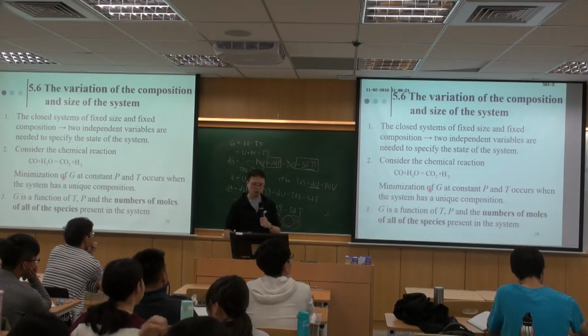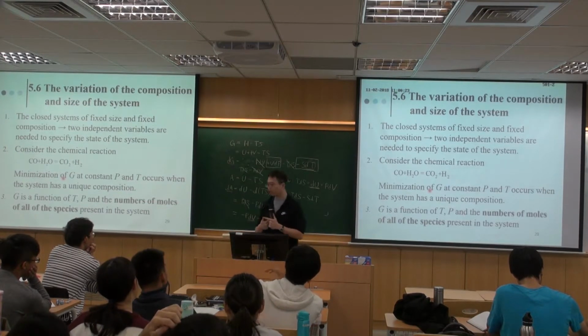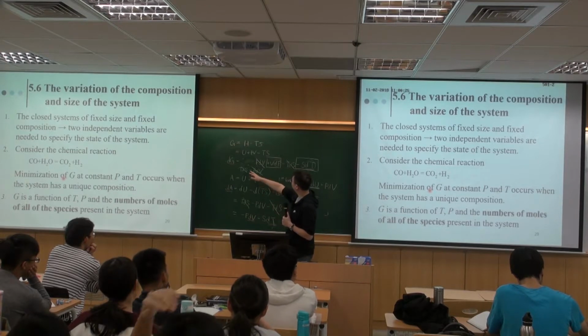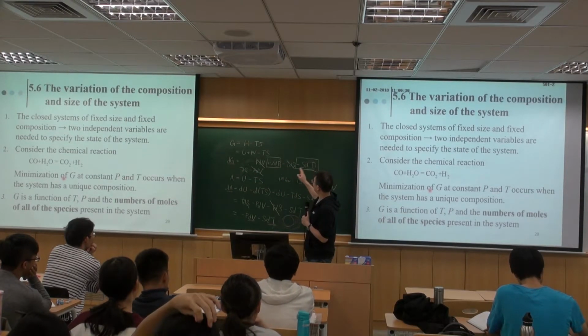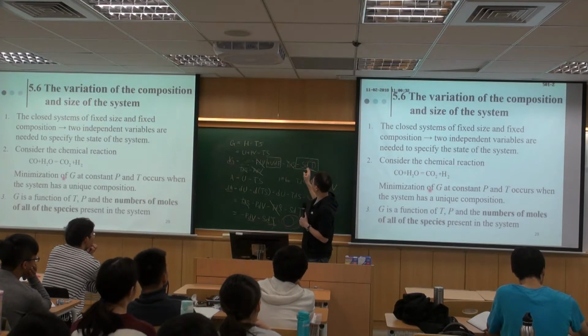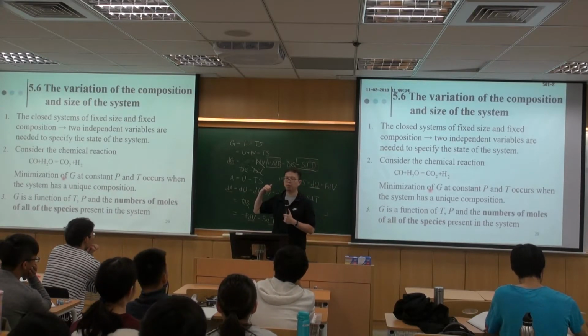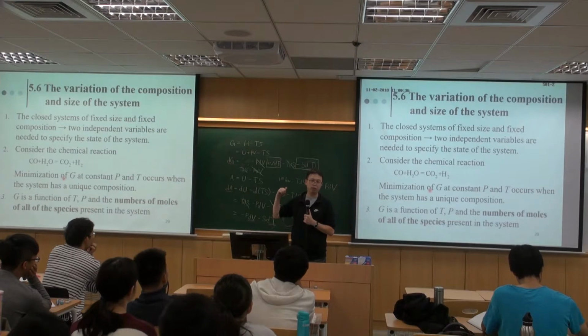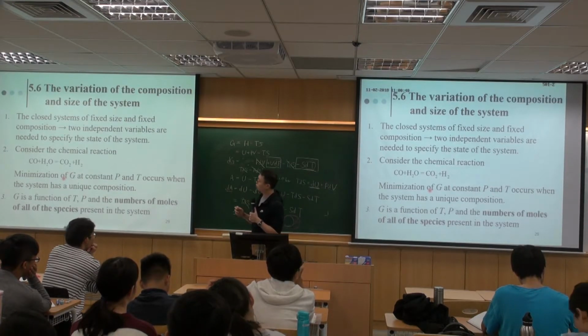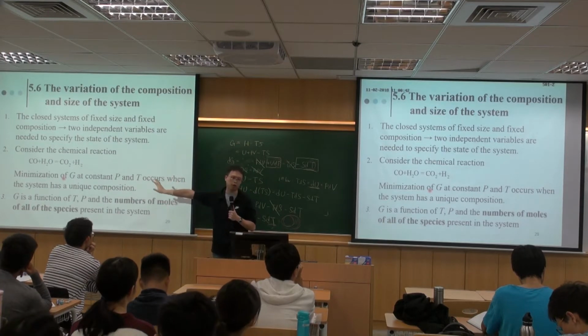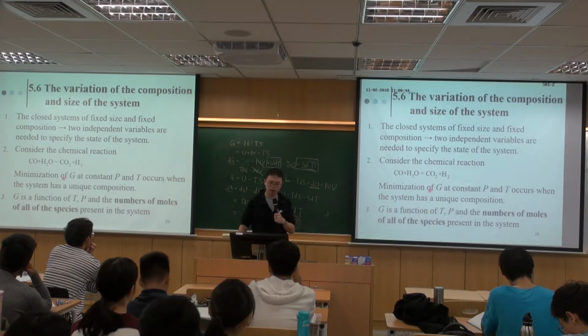So again, Gibbs free energy is of course a function of pressure and temperature. But even when you fix the pressure and temperature, there are some other variables that have to be considered. For instance, the numbers of particles, or in this case, the concentration of all these four chemicals.